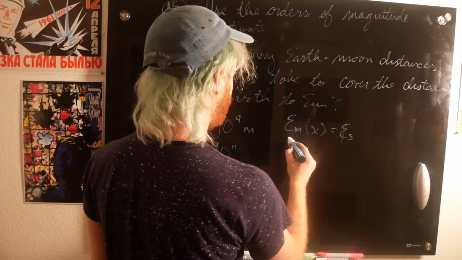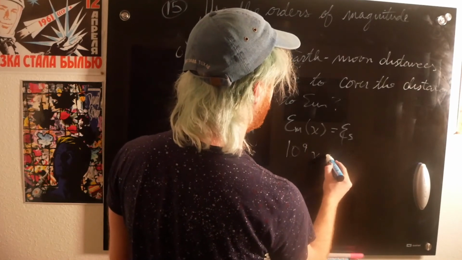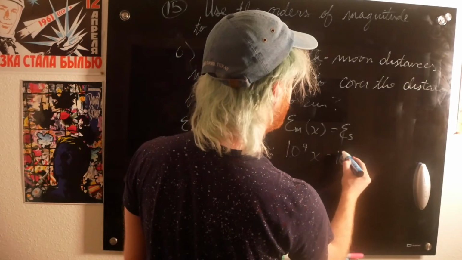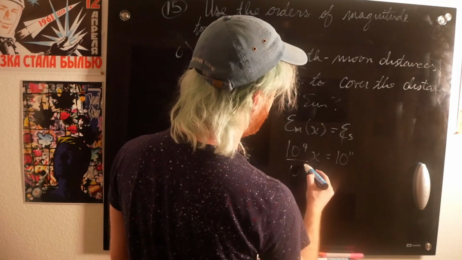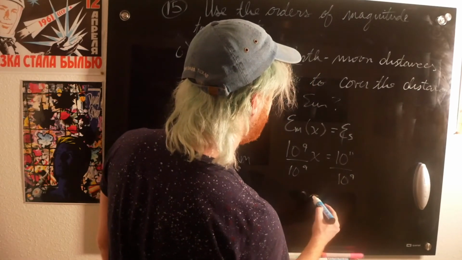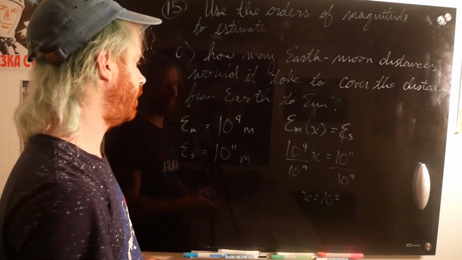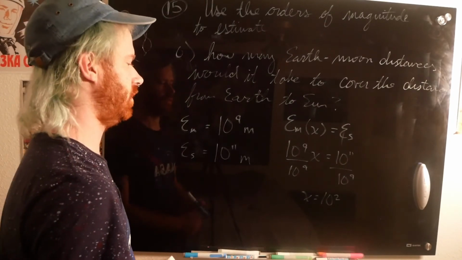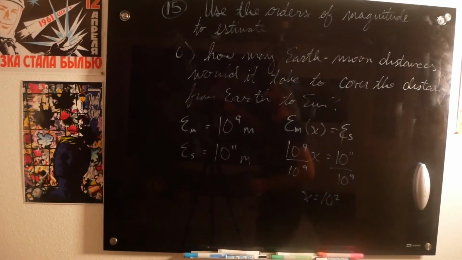So Earth-Moon distance is 10 to the power of 9 times x equals 10 to the power of 11. So you divide by 10 to the 9 on both sides, and that's going to give you x equals 10 to the power of 2. So we'll need 10 to the power of 2 distances for that. Give me a second and I will write up the next problem.